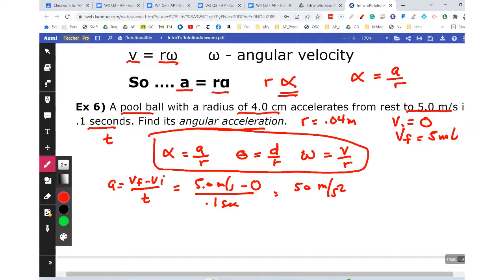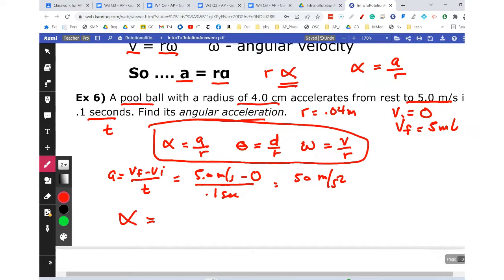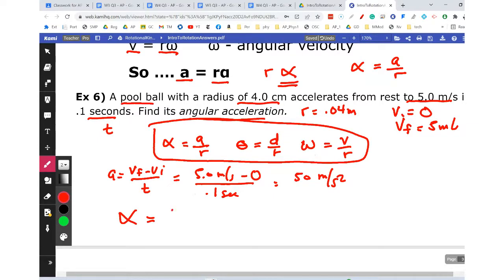Now, they really asked me for the angular, and that's alpha, by the way, in the Greek alphabet. So angular is linear divided by r. I have my linear, 50 meters per second squared, divided by my r, which is 0.04 meters. And let's see what we get here. We need to do the division.